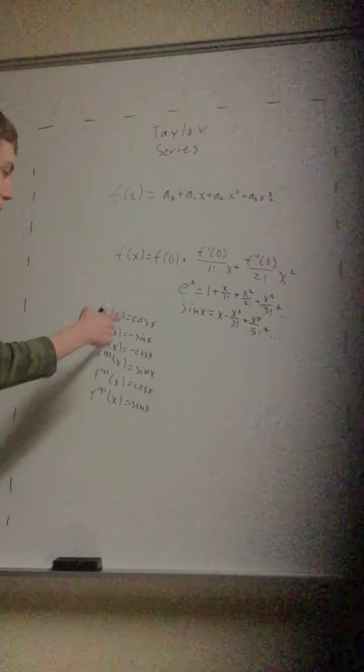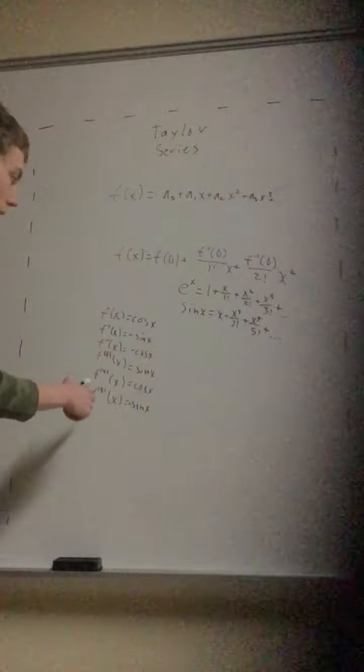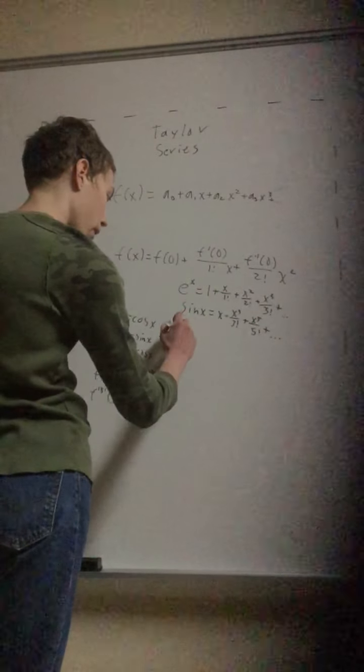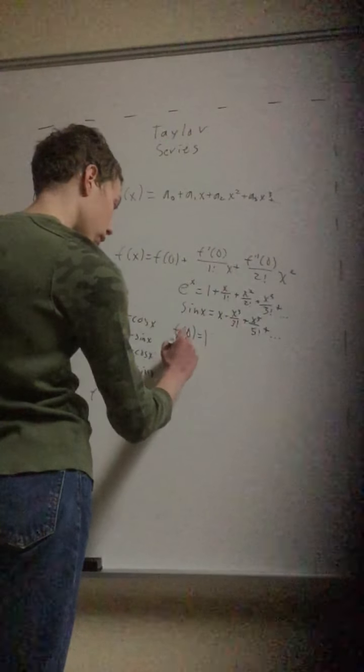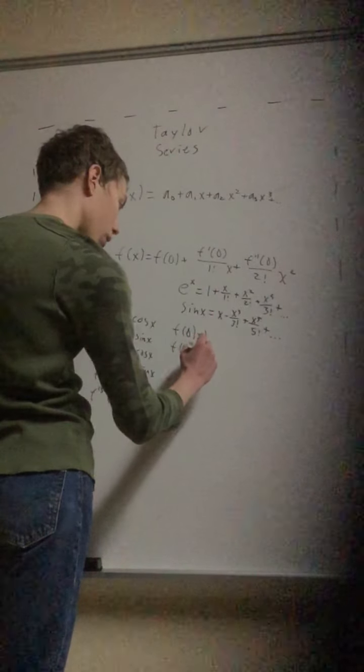And you can see, just like before, it takes four iterations for this to repeat. So at 0, it's 1, 0, minus 1, 0, 1.